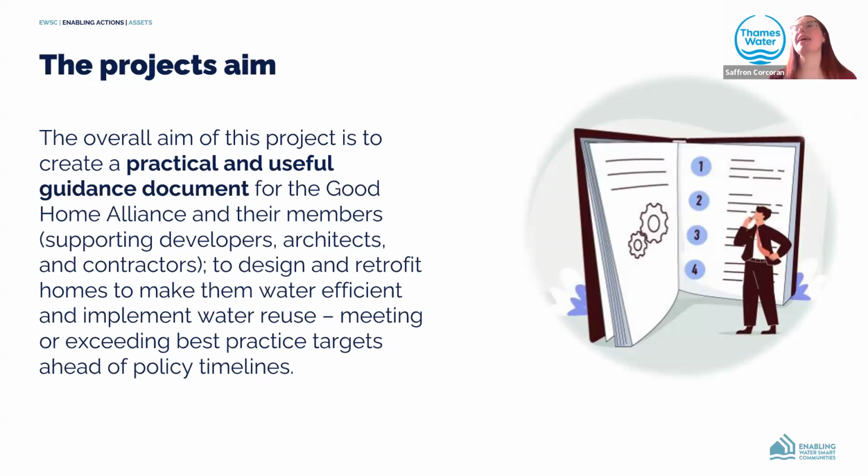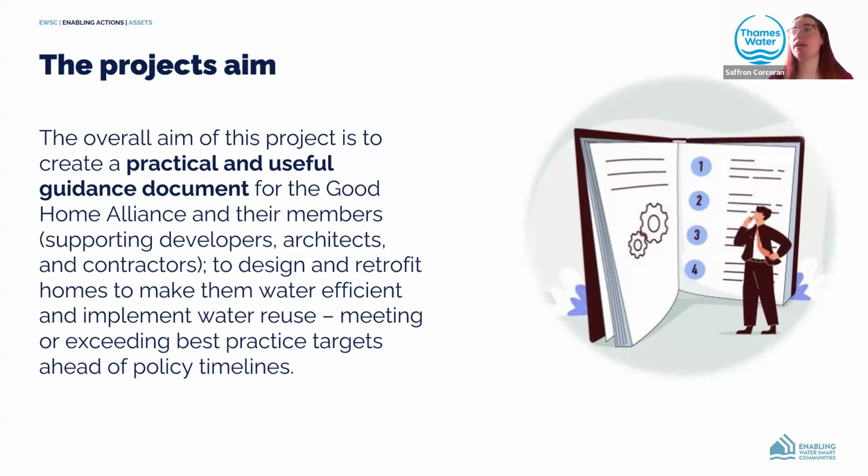So the project aims to create a guidance document on practical and useful technology and even policies that various companies, like water companies like Thames Water ourselves, already have, to help people like developers, architects, contractors, LAs and so forth to design new buildings and retrofit homes that already exist in a better way.